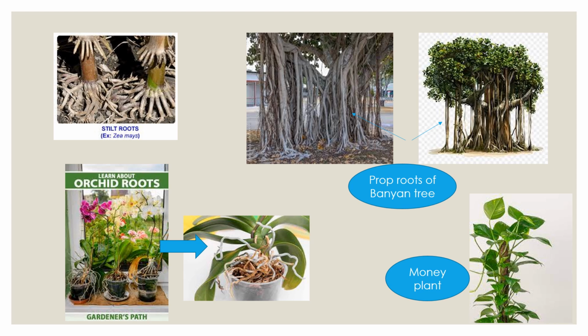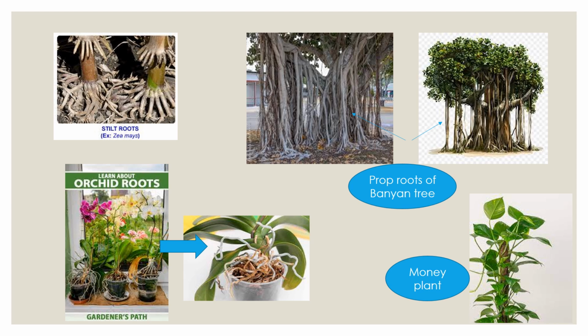And on the right hand you can also see the banyan tree, the prop roots of the banyan tree. The prop roots, as we said, develop from the branches. You can see in the picture that from the branches of the tree, adventitious roots develop and penetrate into the ground.